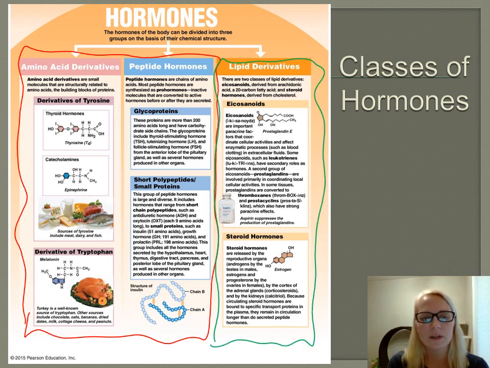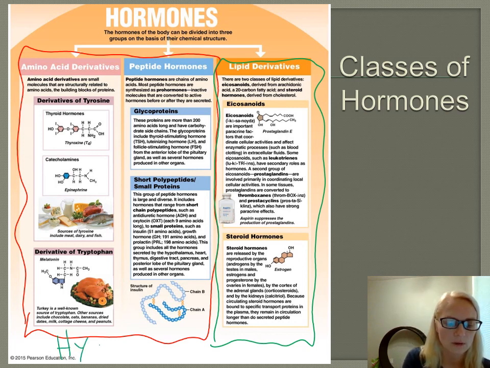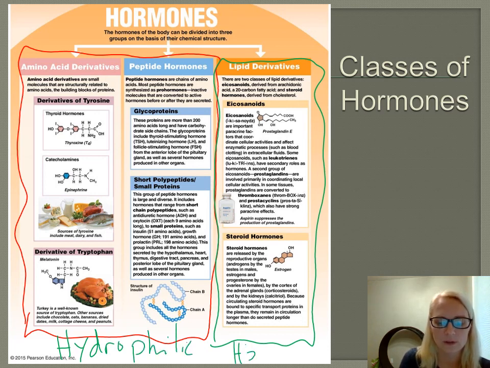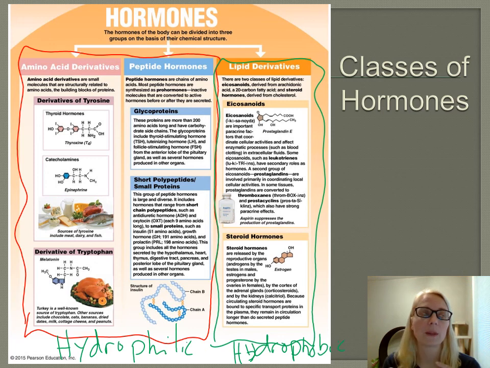So amino acid derivatives and peptide hormones are hydrophilic, and these ones, the lipid derivatives, are, what do you think? Phobic. Okay, so that's a big deal because it's going to determine where those hormones bind to the receptors.